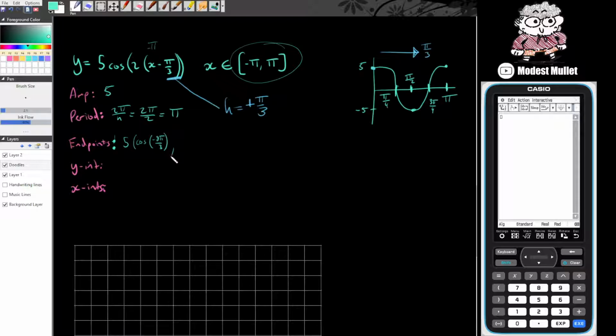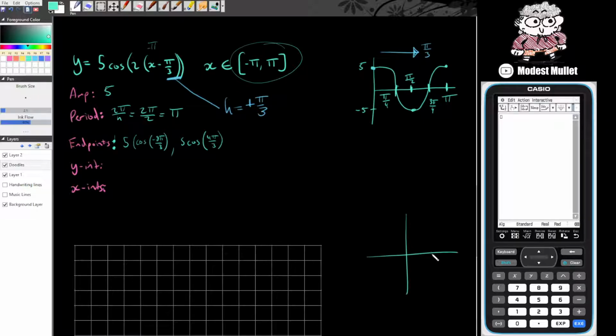And the other one is going to be 5 by cos of pi take away pi on 3 is 2 pi on 3 times 2 is 4 pi on 3. Okay, so I need to figure out what those two cos values are. So let's do a little unit circle.